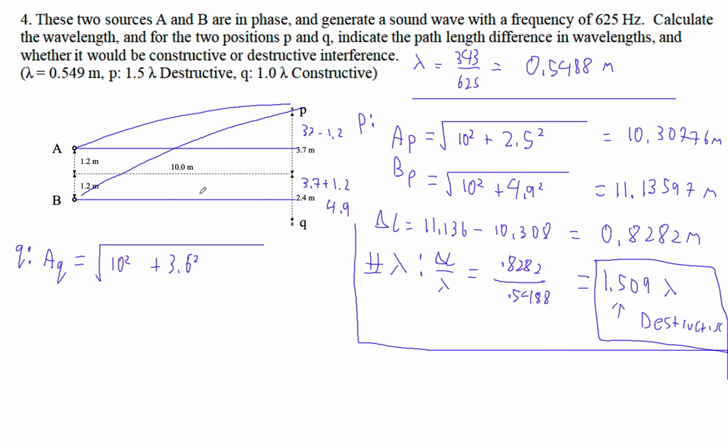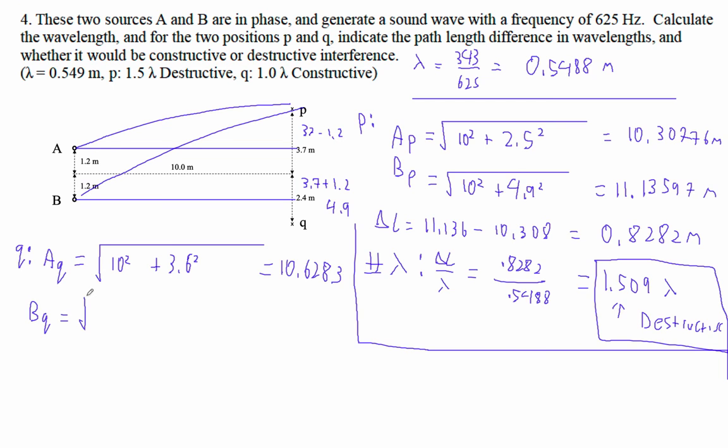Because if we go up to this line here, that's 2.4, and then A is even 1.2 higher than that. So the square root of 10 squared plus 3.6 squared is 10.6283.